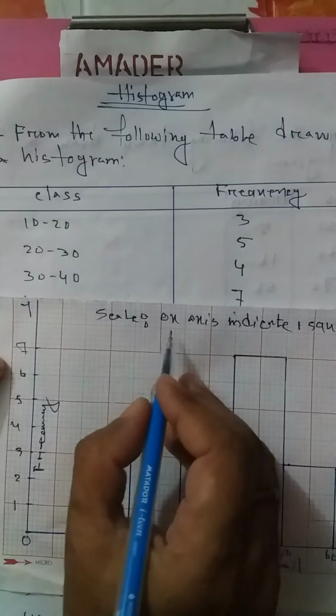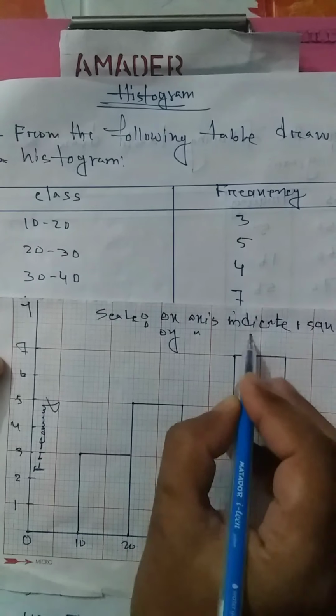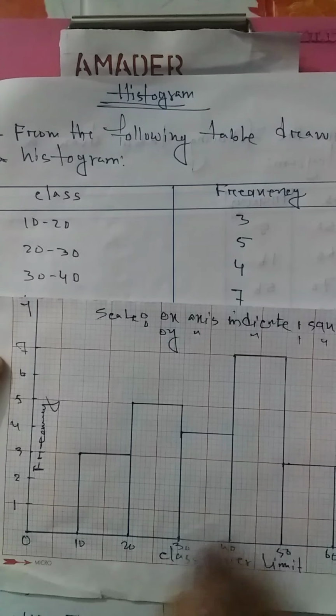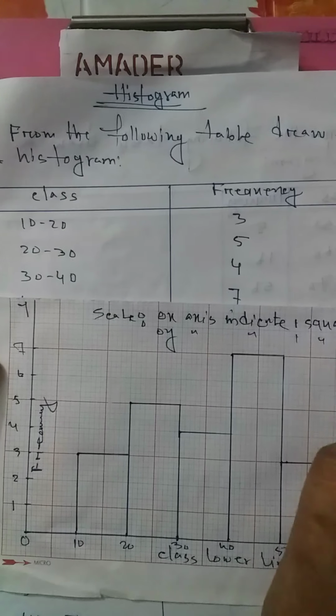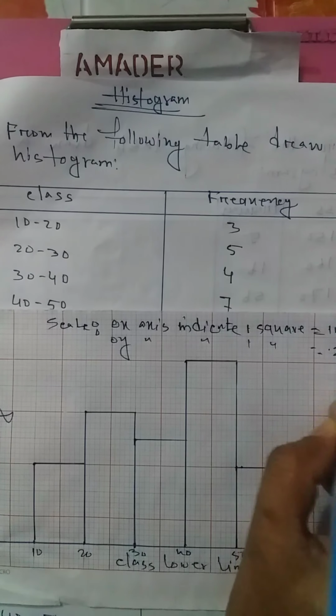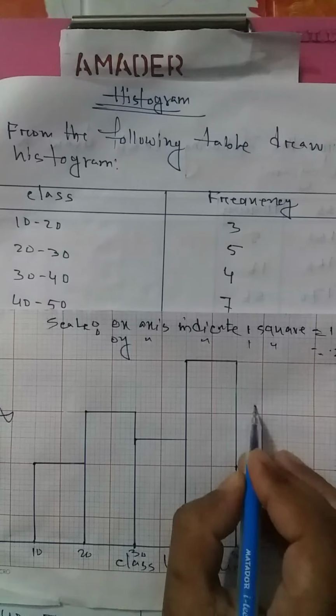On our OY axis, 1 square is equal to 1 divided by 5, that is 0.2 units. This is the histogram.